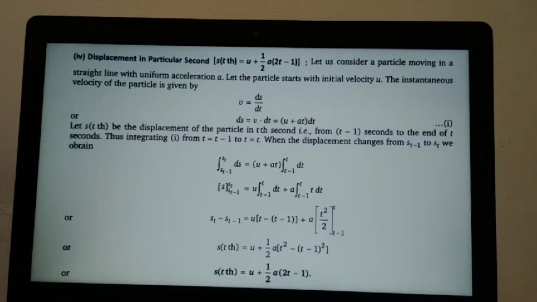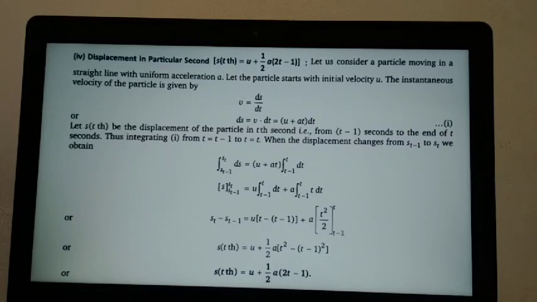That is a printing mistake in your textbook. So keep u plus at inside the integral sign, and write the right hand side as integral (u plus at) dt within the limit t minus 1 to t.